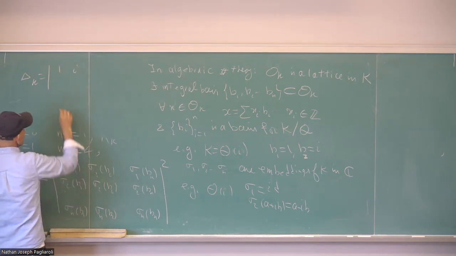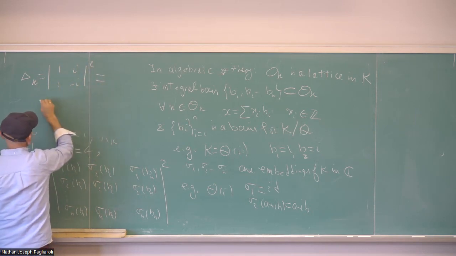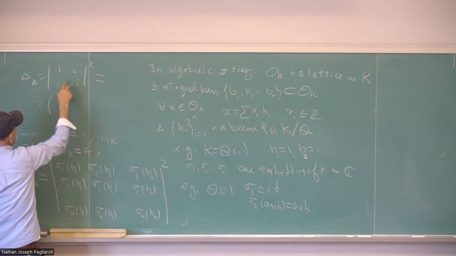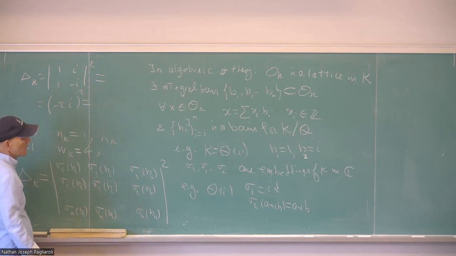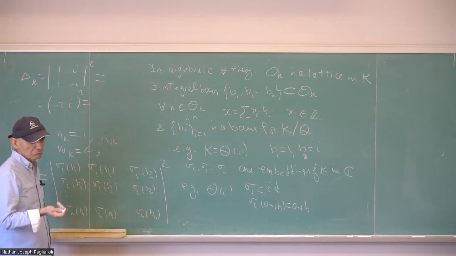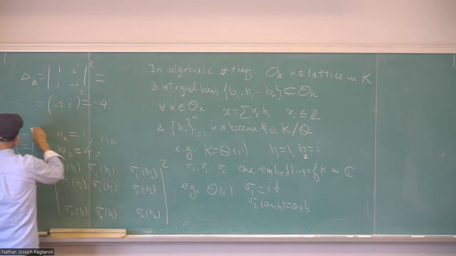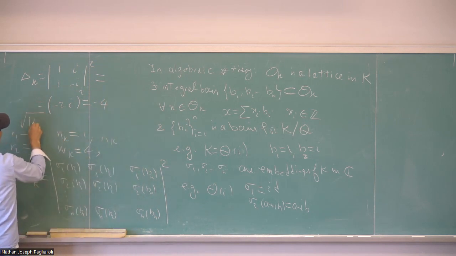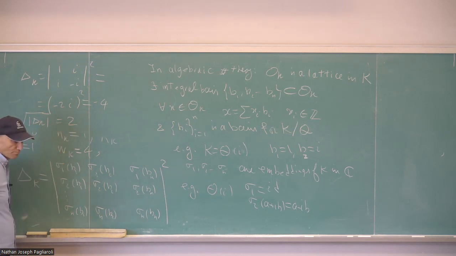The second is 1 and minus I. And we have to square it. So we have to square minus I minus I, which is minus 2I, squared. I squared is minus 1, and we get minus 4, right? So the square root of the absolute value of delta K is 2.